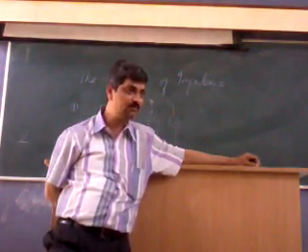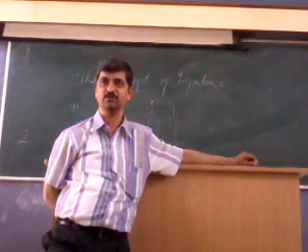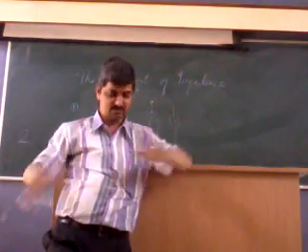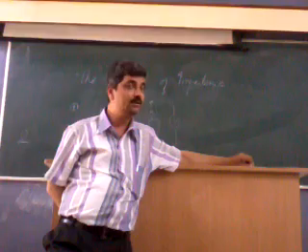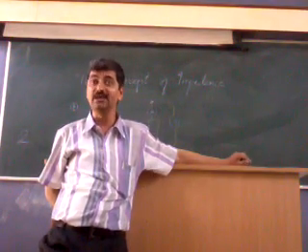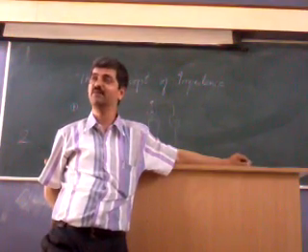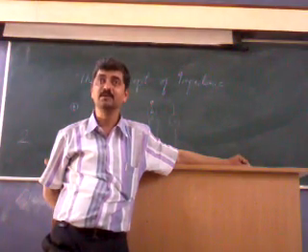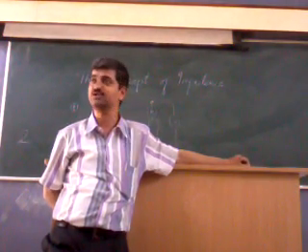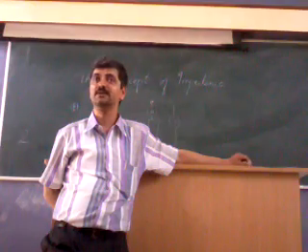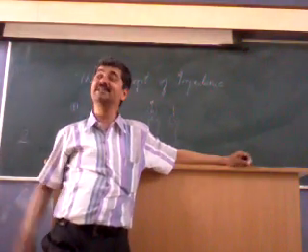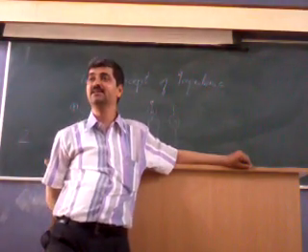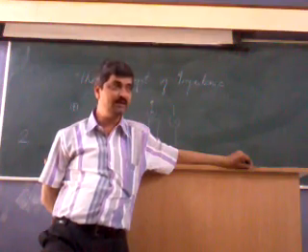Electrostatic? No. Electrostatic force would have driven it away. Then somebody says nuclear force. Is it a single nuclear force? There are two forces. In nature, how many types of forces are there in the universe? Four.